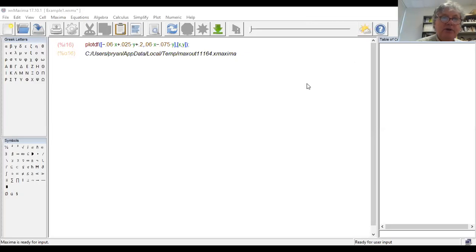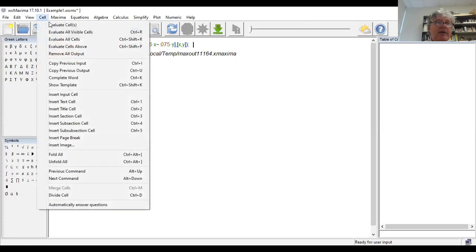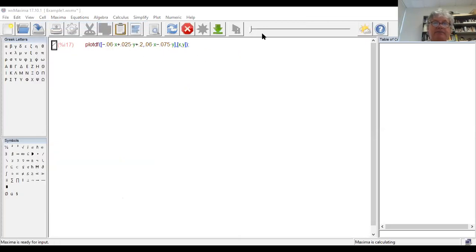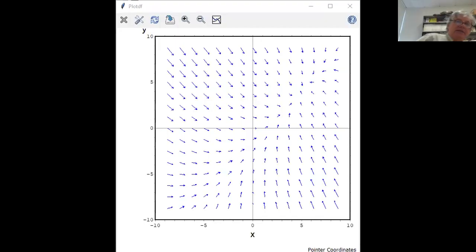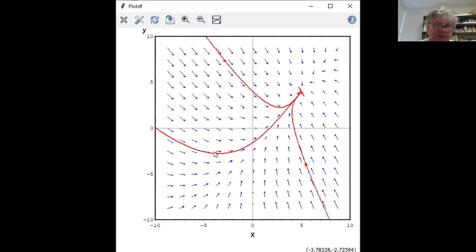So we're going to investigate this in Maxima. Here is the equation plugged into Maxima, so let's go ahead and evaluate the cell. Here is our vector field, and we just click in a few places, and we see the direction of the arrows going towards that equilibrium solution.